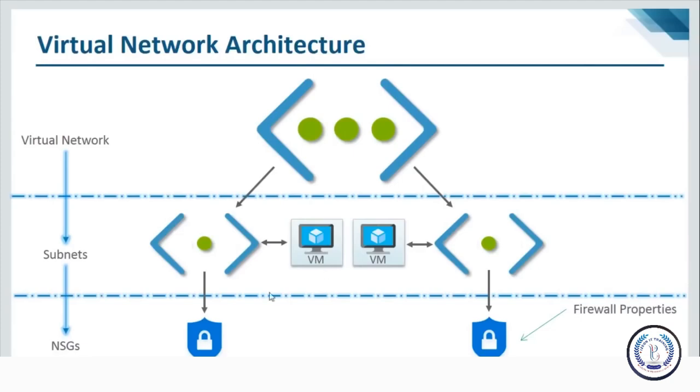Right? I'll not be attaching this firewall directly to this VM, but I'll be attaching it to the subnet. Now what advantage do I have in this is that say I launch 3 servers in this subnet, all of them will reflect this property. Right, so I don't have to configure them separately. All of them will be reflecting the security group's properties of this particular subnet.